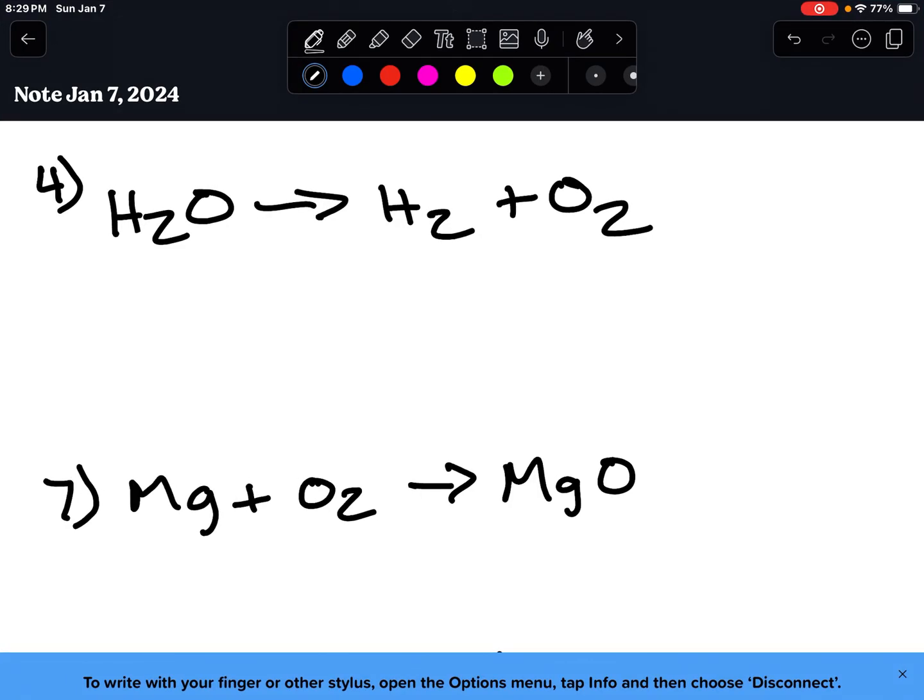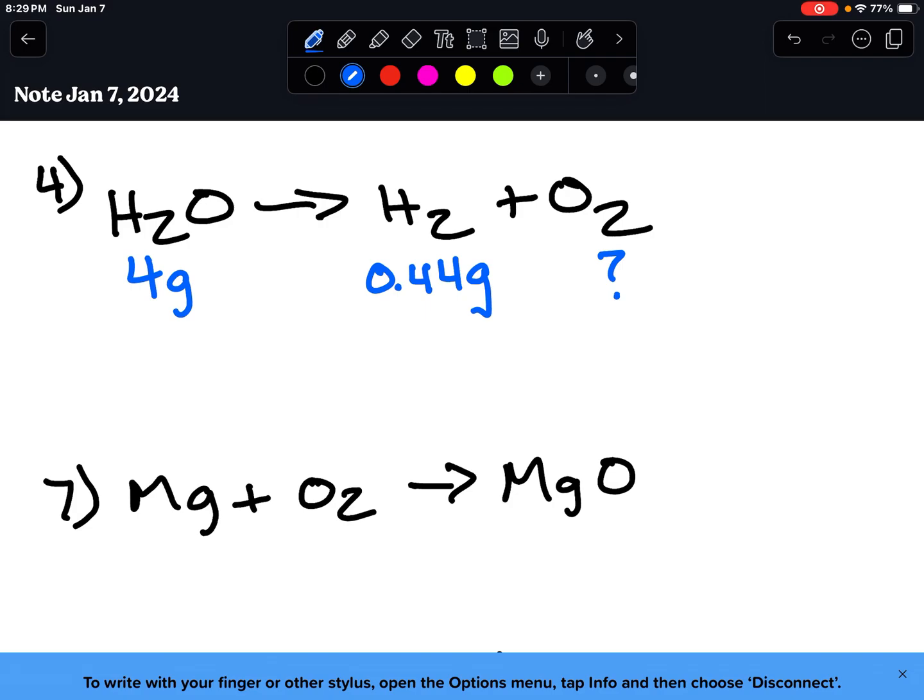So this is just law of conservation of mass, and so it might be helpful to draw out the reaction equation itself. So H2O with your arrow yields H2 and O2. I've put in 4 grams of water as a reactant, and I've made 0.44 grams of hydrogen gas, and I'm wondering about how much oxygen.